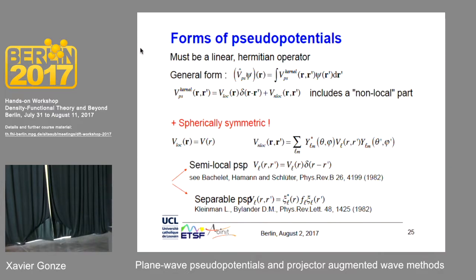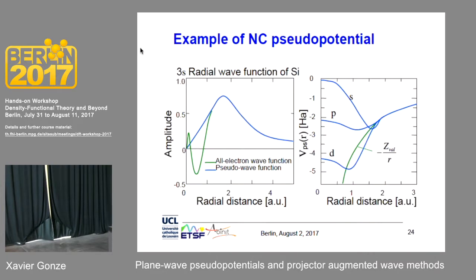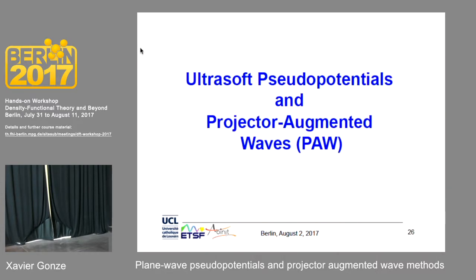So what I have shown you is the V_L of R that was present in the semi-local pseudopotential case for the S electron, for the P electron, and for the D electrons in this pseudopotential.